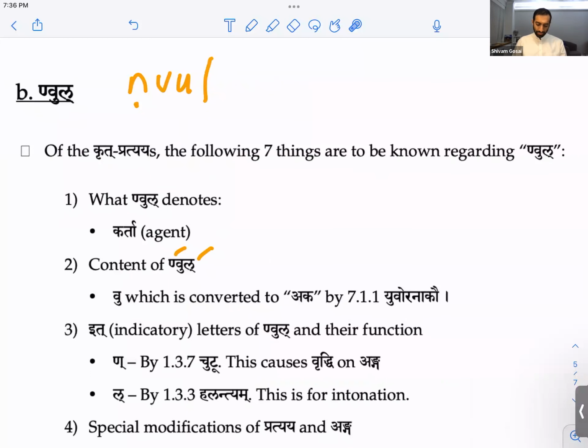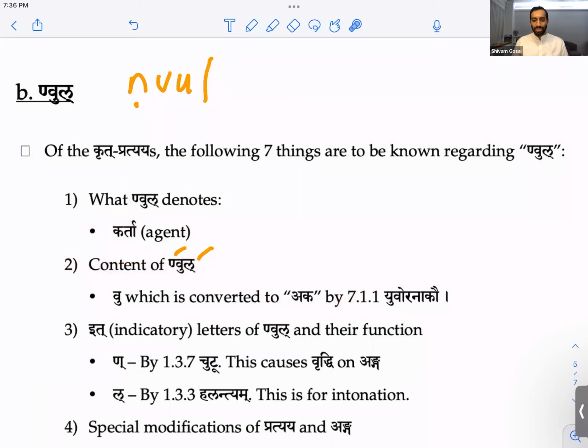So this Nvul denotes the Karta, right? We're looking at Kartari Kṛdanta. And what we need to know is that Nvul gets converted to Aka. So there's this transformation that takes place.